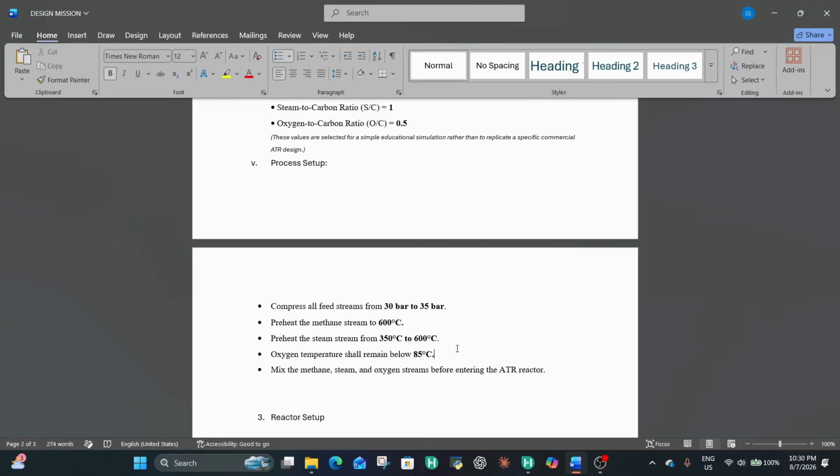The reason for this control of temperature in our oxygen is that, as we know from our elementary science, oxygen is a huge driving force for combustion. And in an event where you blindly energize oxygen with high energy, it drives your combustion so much, with a lot of energy. It supplies so much energy to the combustion, and in process design, we consider safety in the real engineering world.